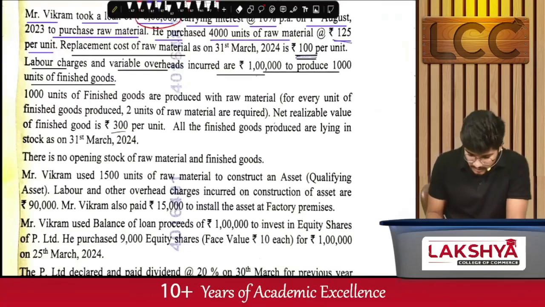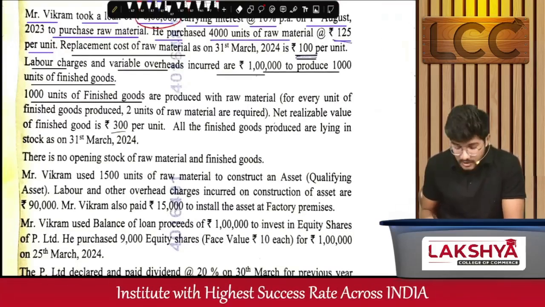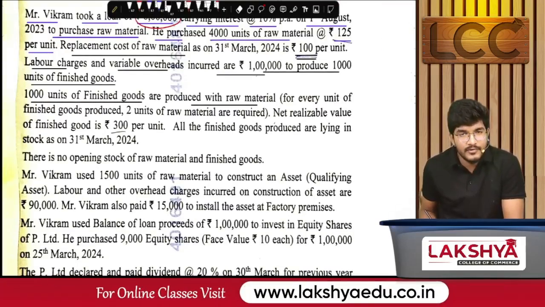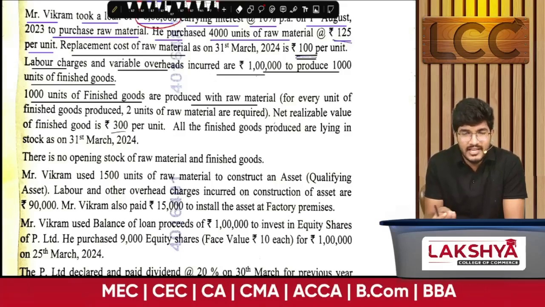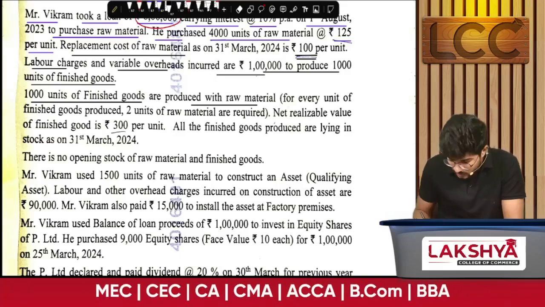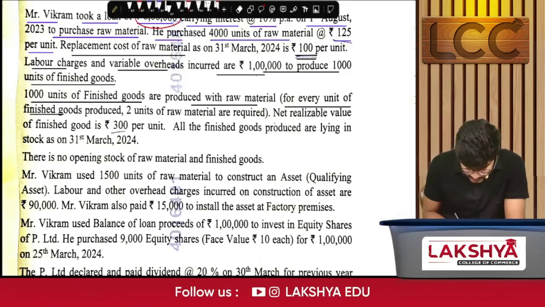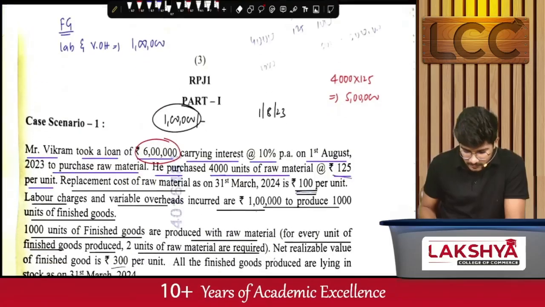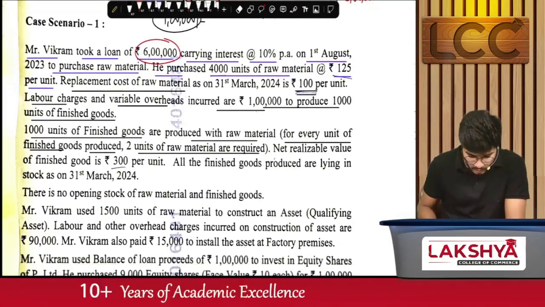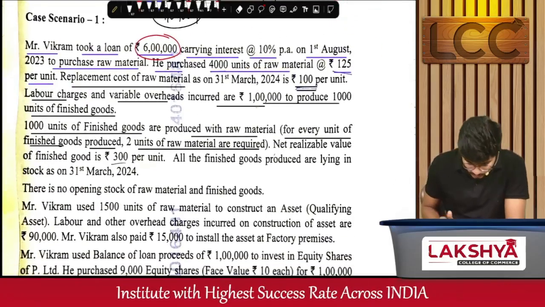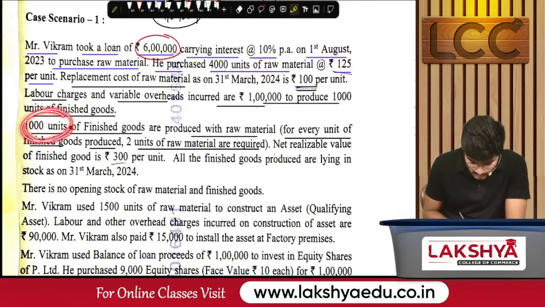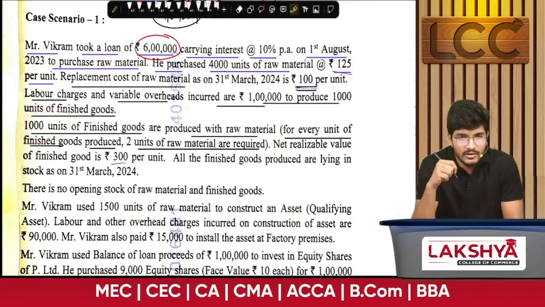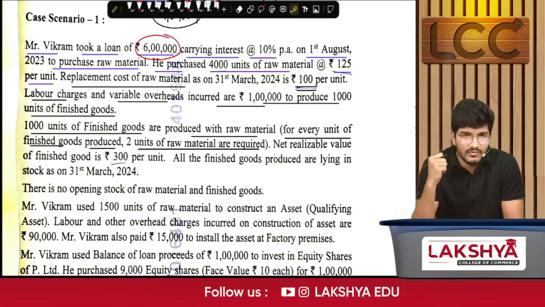Next, 1000 units of finished goods are produced with the raw material. For every unit of finished good produced, 2 units of raw material are required. That means Mr. Vikram produced 1000 units of finished goods, so to manufacture them we need 2000 units of raw material.